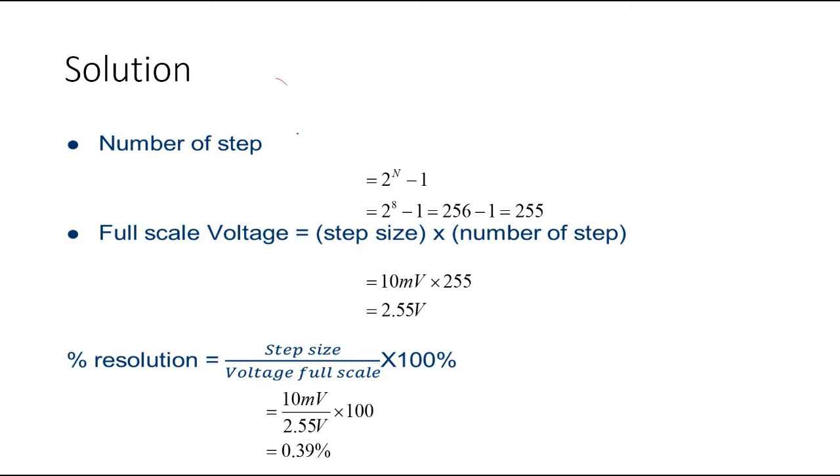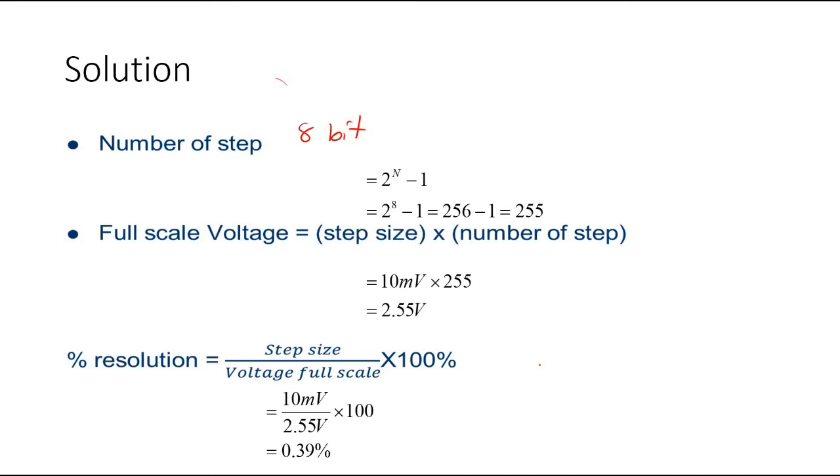Okay, we have 8 bit, so 2 power of n, 2 power of 8 equal to 256 minus 1, 255. Full scale, step size multiply with number of step, 2.55 volts. So equation resolution equal to step size divided by voltage full scale. So kita akan dapat 0.39%.